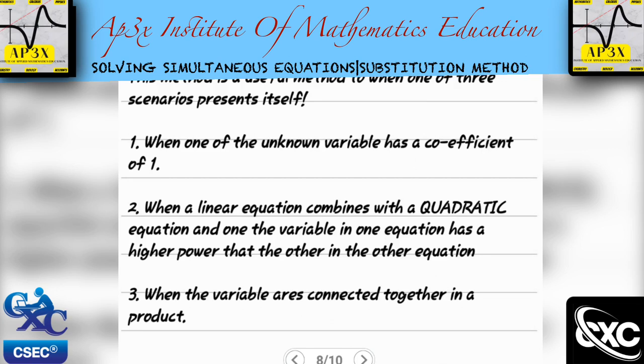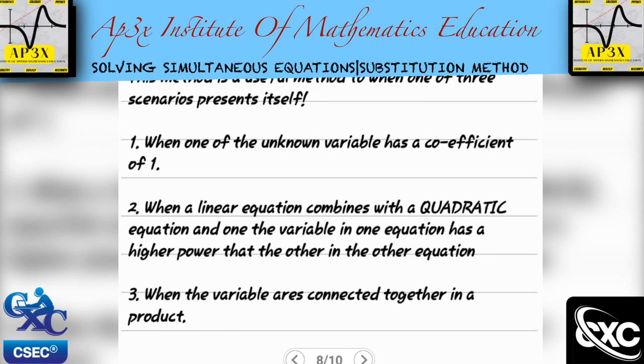Number 2, it is of course whenever you have a linear equation that is combined with a quadratic equation. That is going to be a particular video that we're going to be discussing in part 3. So ensure that you are subscribed to the channel for when that video is posted. And for number 3 here, we're looking at when the variables are connected or joined together by a product.